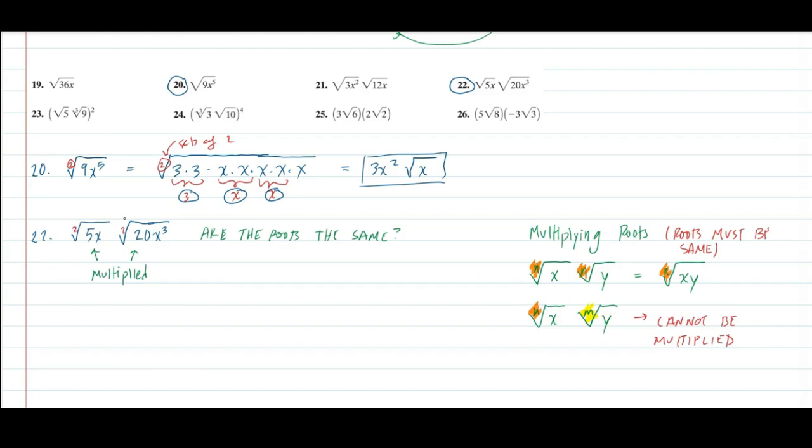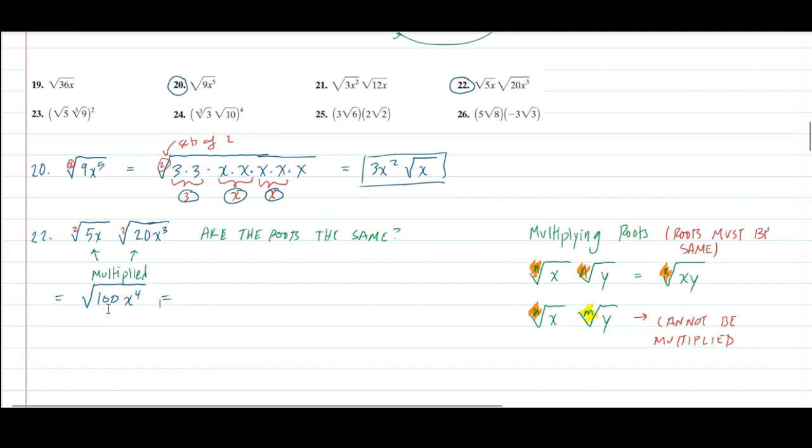When you multiply them, you end up with still the second root. 5 times 20 is 100, and x times x cubed is x to the power of 4. Now, this is a whole lot easier if you think about it. With 100, again, try to avoid making factor trees for this. 100 has a perfect root. It's actually 10. 10 times 10 is 100. So we take care of that.